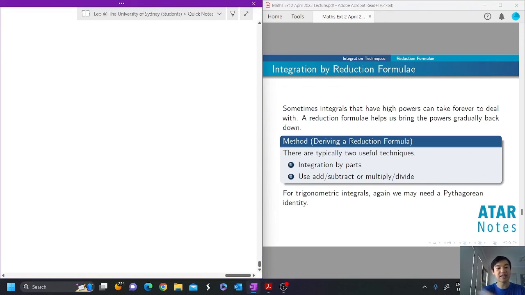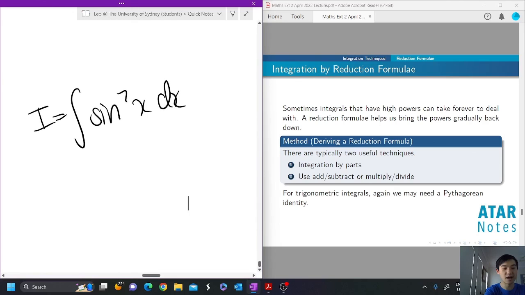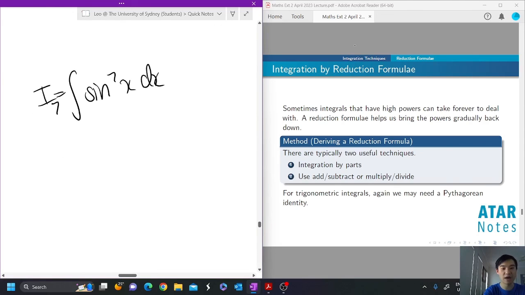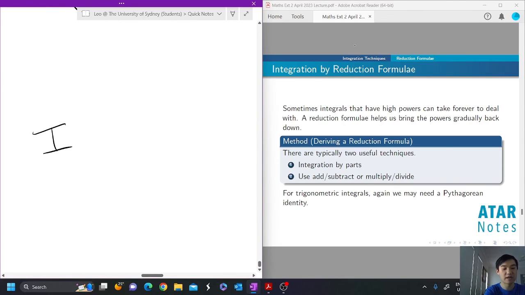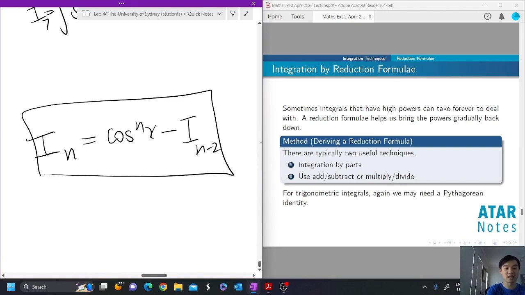For example, if I_7 is the integral of sine to the power of 7x, and you have a result that says when you integrate I_n, you just get a certain result like cos nx minus I_(n-2) or something like that, you can have a generalized case where you simply repeat the pattern over and over again to find the actual integral.